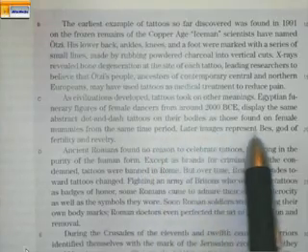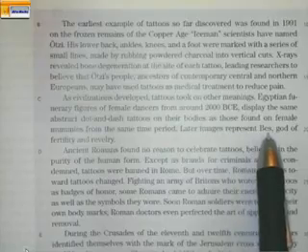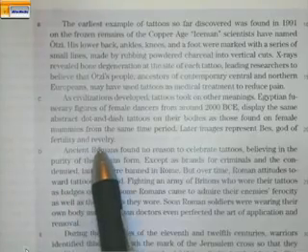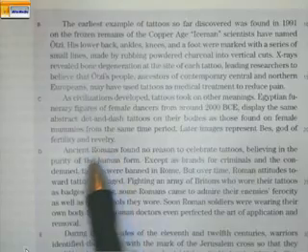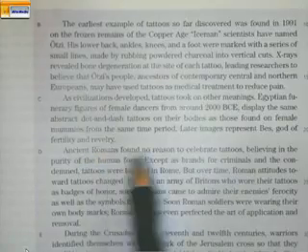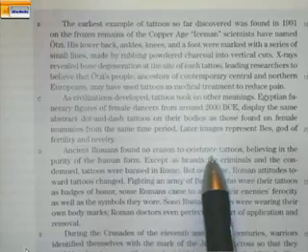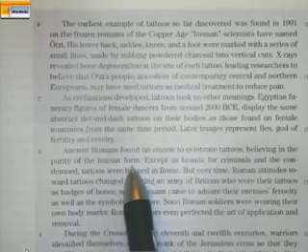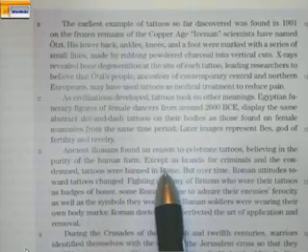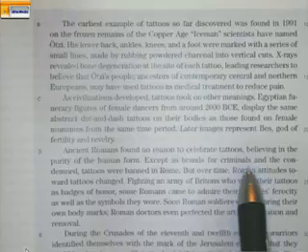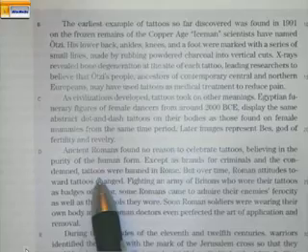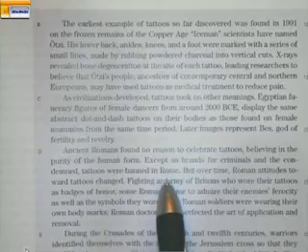Later images represent Bes, god of fertility and revelry. Ancient Romans found no reason to celebrate tattoos, believing in the purity of the human form, except as brands for criminals and the condemned. Tattoos were banned in Rome.